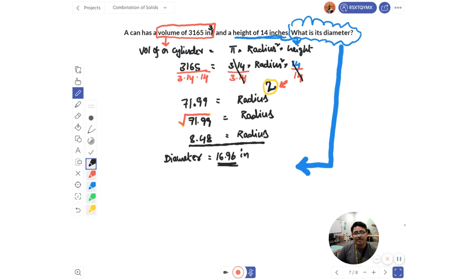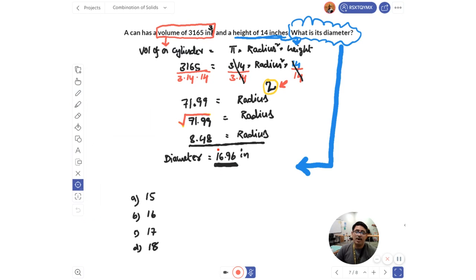During testing, whatever answer you got, if it is one of the options, then cool, you can choose that. Suppose you don't have the number you got as the answer during testing, like say 15, 16, 17, 18, but you see that you got the answer as 16.96.